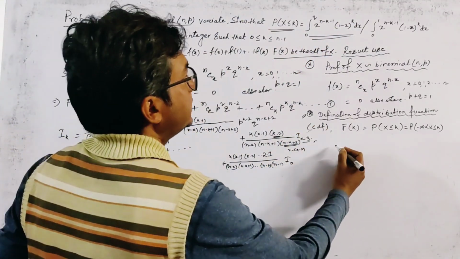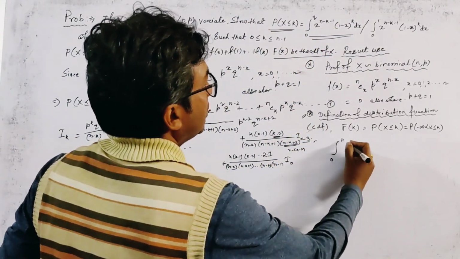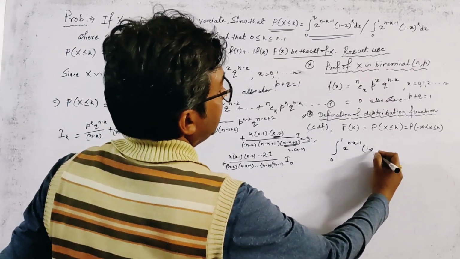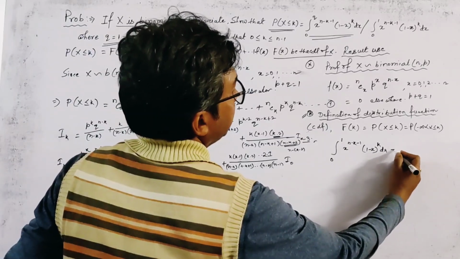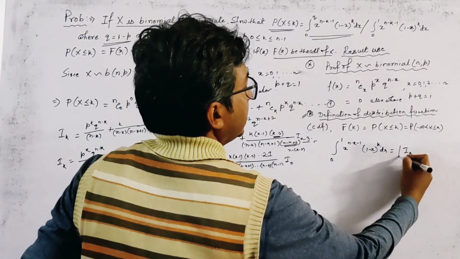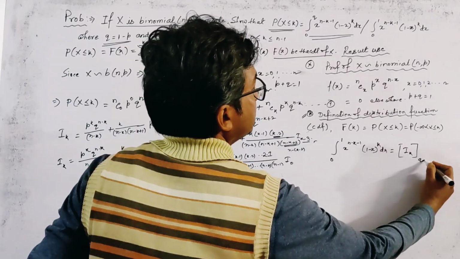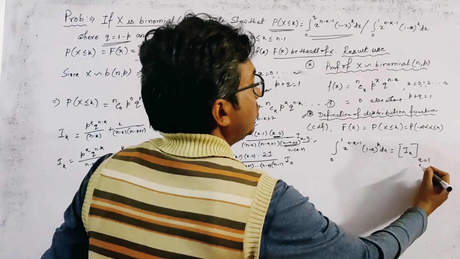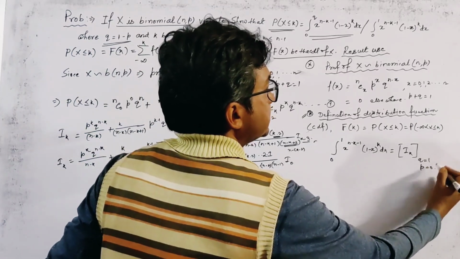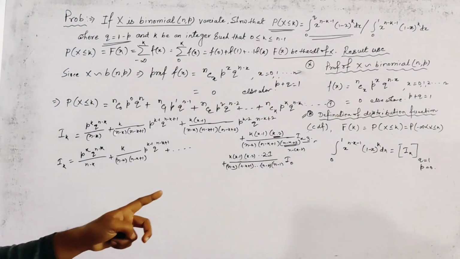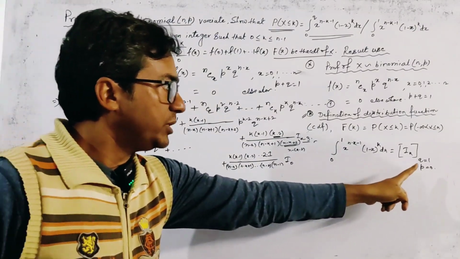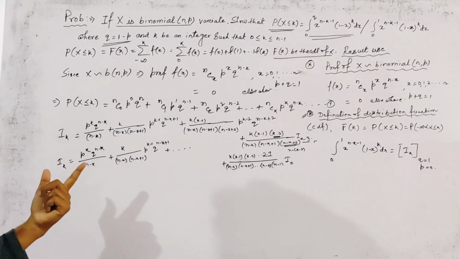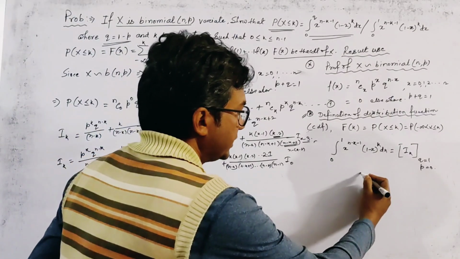So we write this integration, that is the integration 0 to 1 x to the power n minus k minus 1 into (1 minus x) to the power k dx. This is also equal to I_k, but we put here q equal to 1. Okay, and when we put q equal to 1, then p obviously is equal to 0. So we get the value of this integration by putting p equal to 0 and q equal to 1 from here.